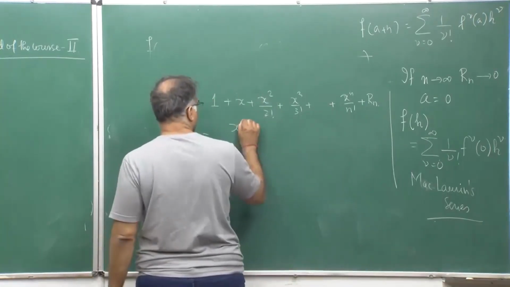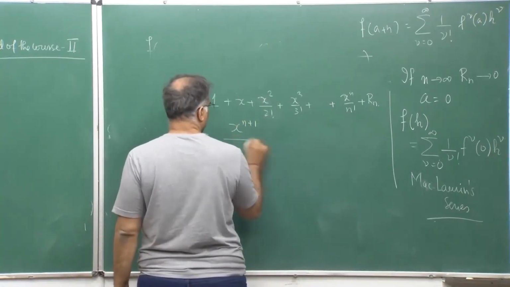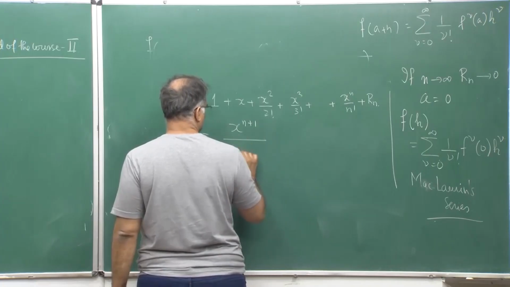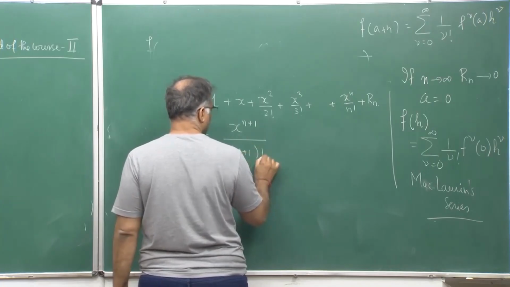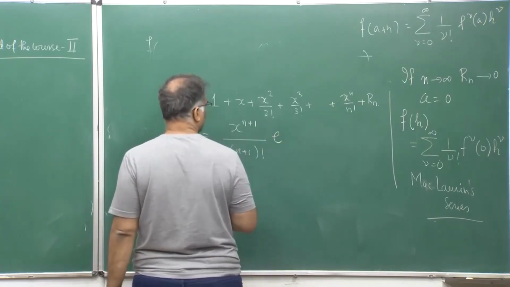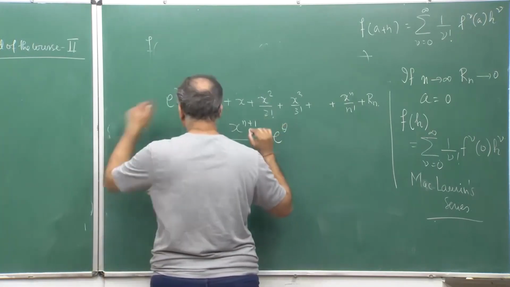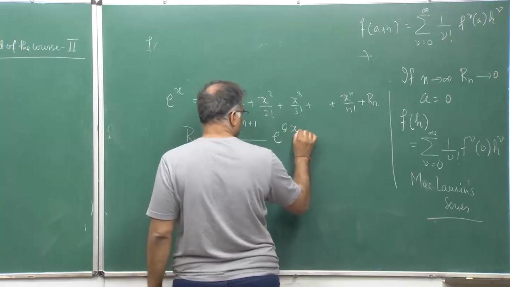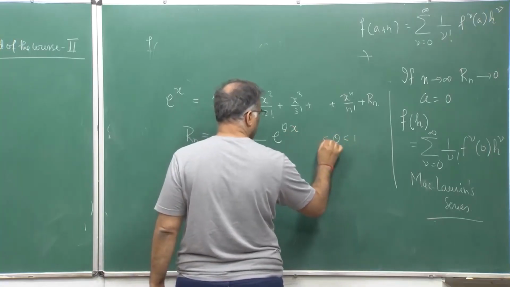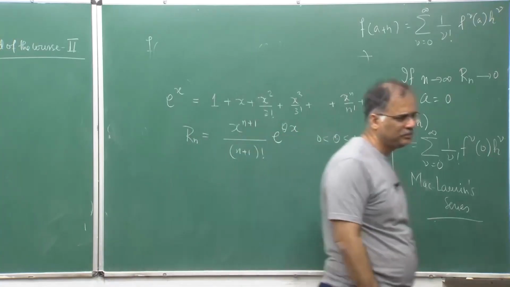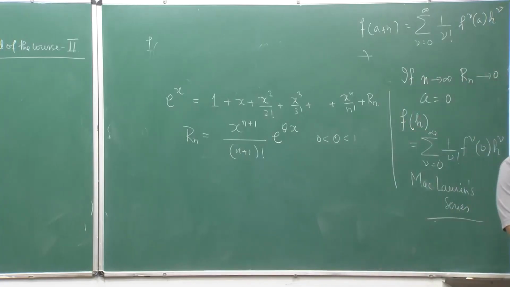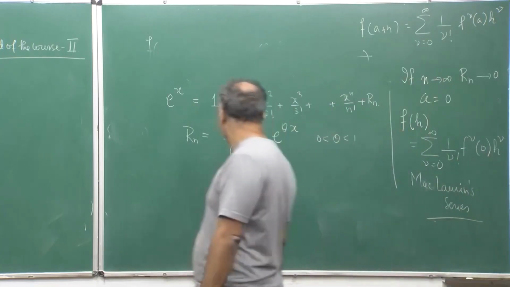R n is x to the power n plus 1 by n plus 1 factorial, e to the power 0 plus theta h, where h is actually x, so theta x, where theta is between 0 and 1. So, let us look at this.